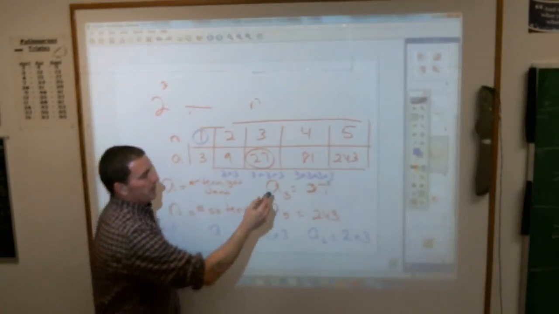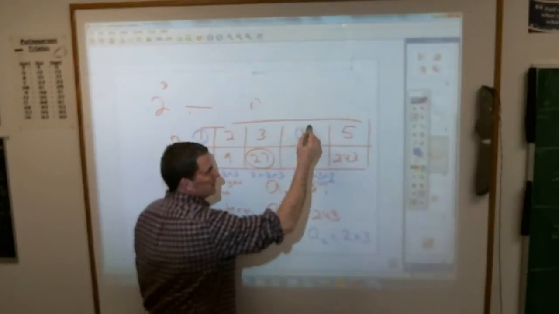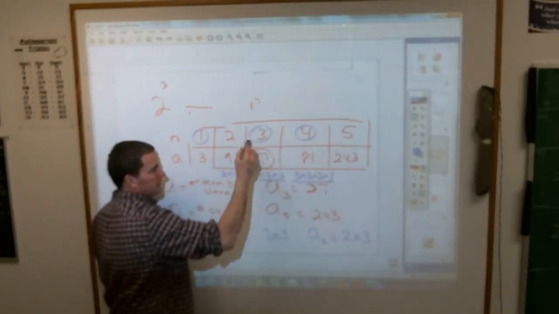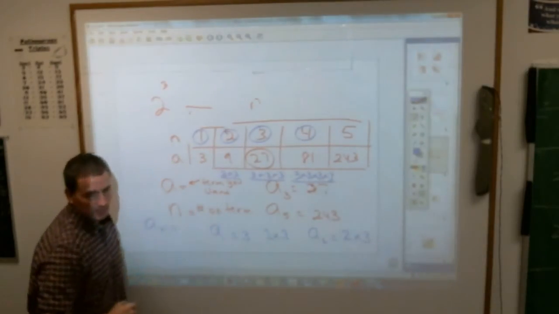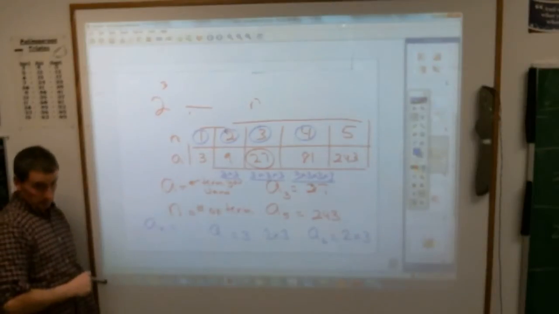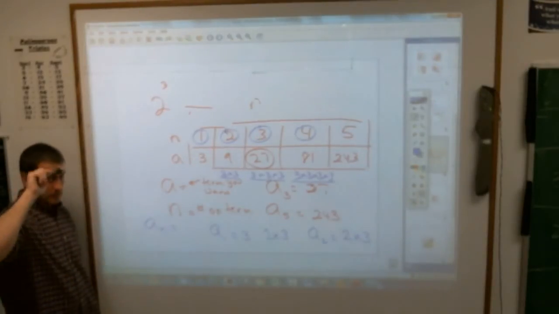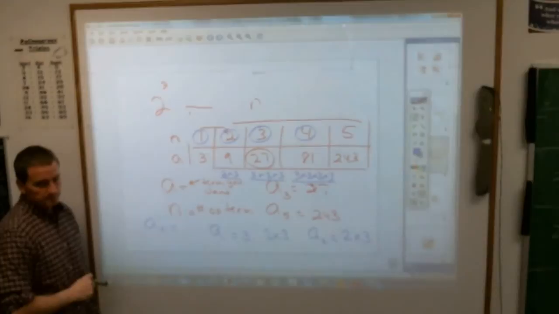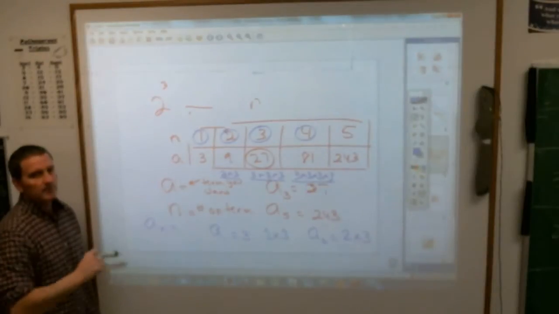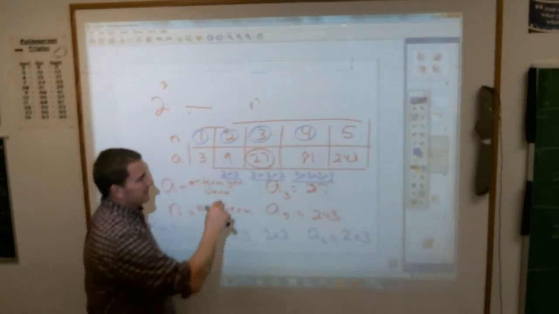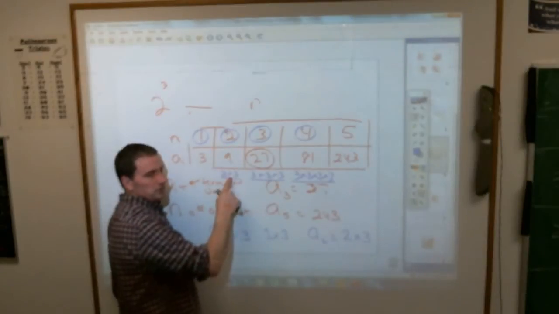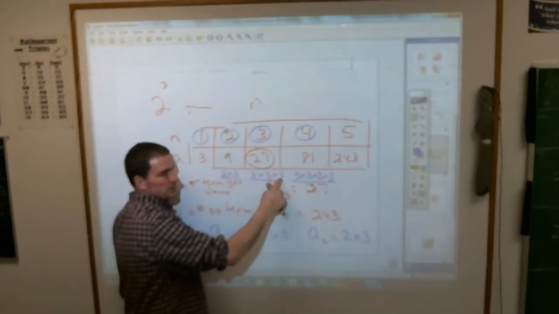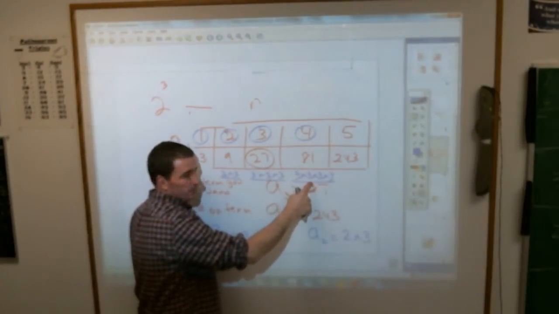And what do you notice about this and this, or this and this? Caleb? The top number would be like an exponent. Exactly. The top number is actually the exponent of your base number. What base number am I using every time? 3.